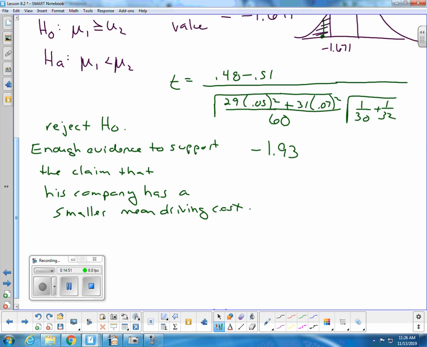Okay, so we have enough evidence to support the claim that his company has a smaller mean driving cost.